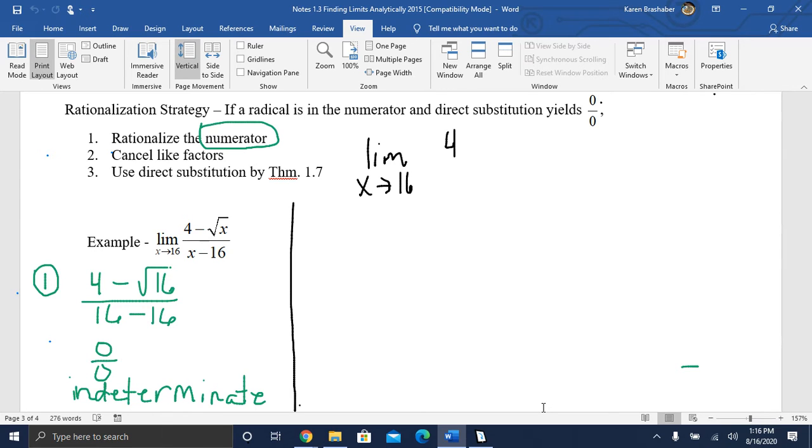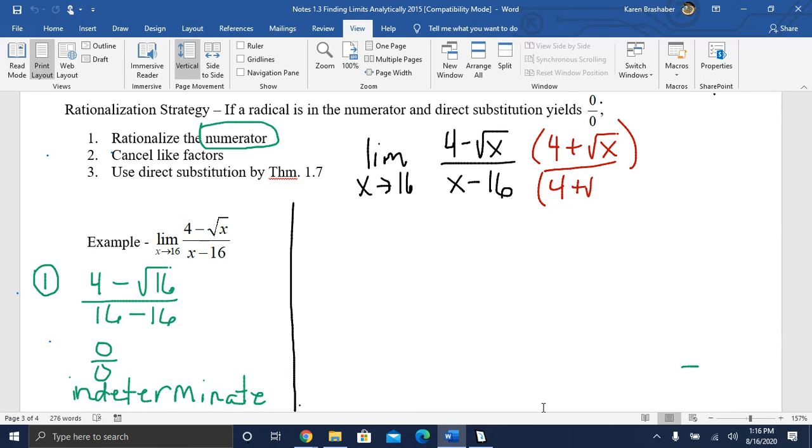And we have 4 minus the square root of x over x minus 16. We're going to rationalize the numerator by multiplying both numerator and denominator by the conjugate of the numerator. So the conjugate of 4 minus the square root of x would be 4 plus the square root of x.